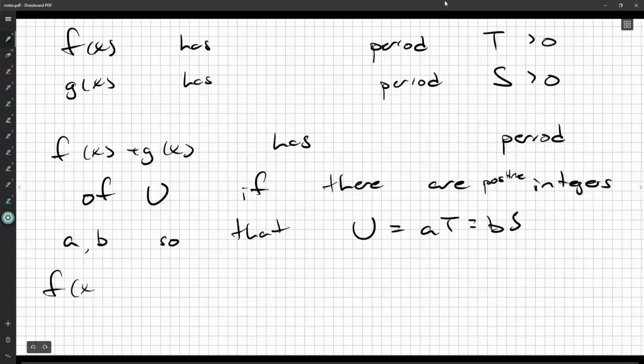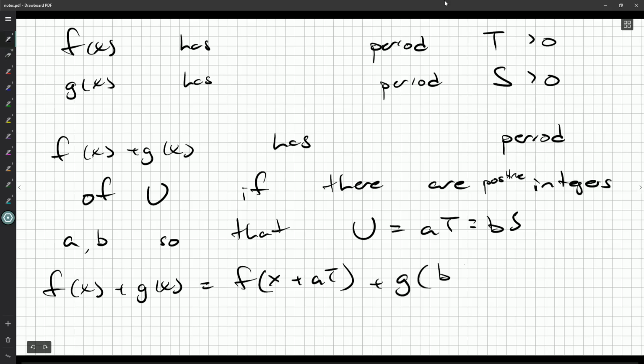Well, look at f of x plus g of x. If I add on any integer multiples of t, I get the same value for f. And if I add on any integer multiples of s, I get the same value for g of x, because the period doesn't really change the value.